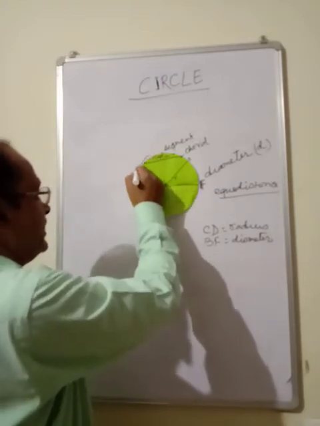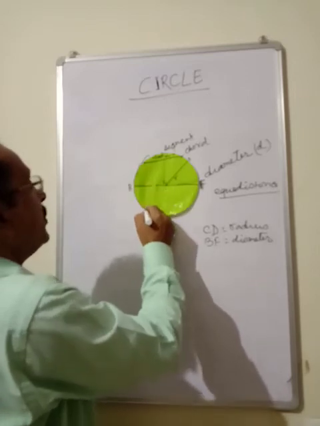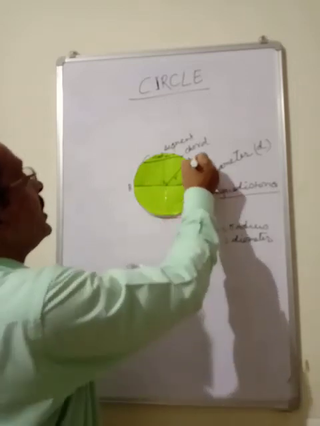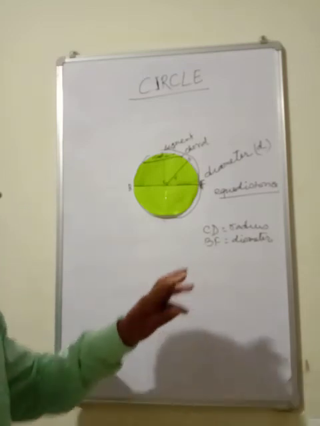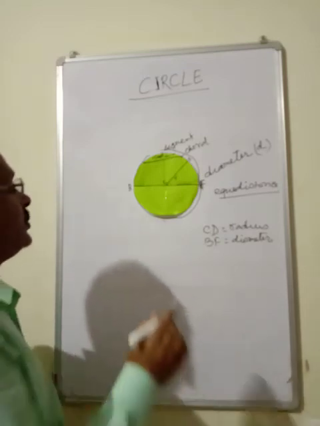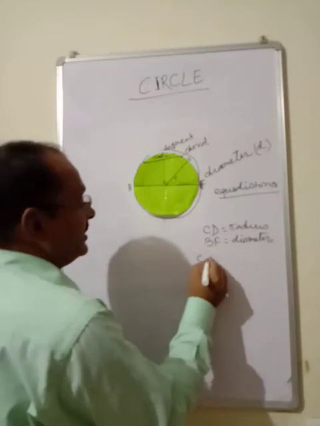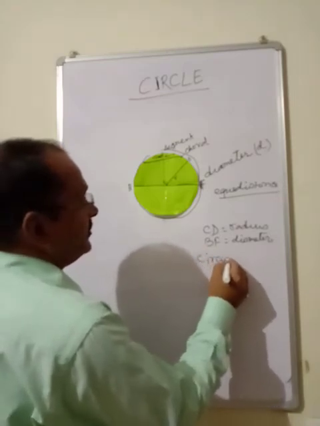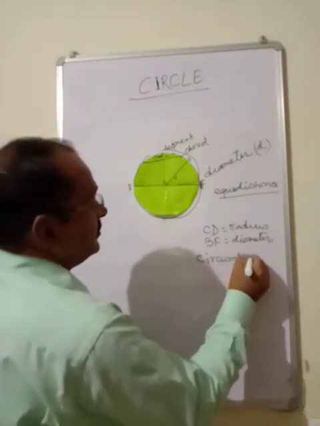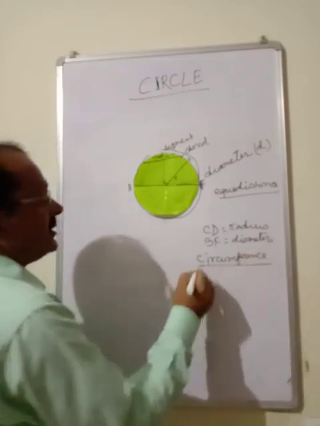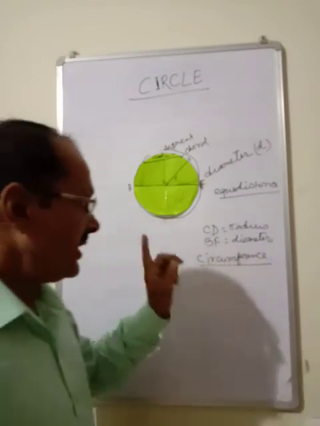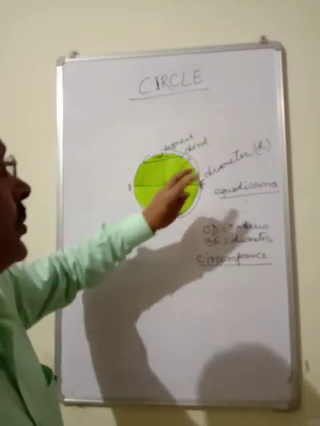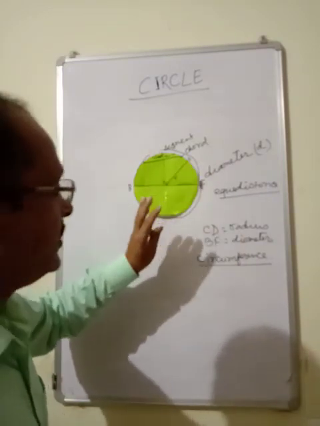The total distance around the boundary is known as the circumference. Another word for the perimeter of a circle is circumference. So these are the parts of the circle.